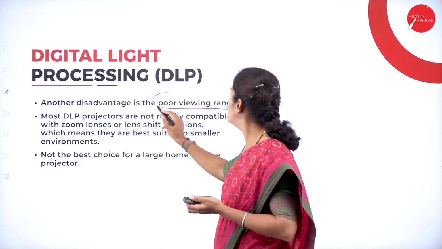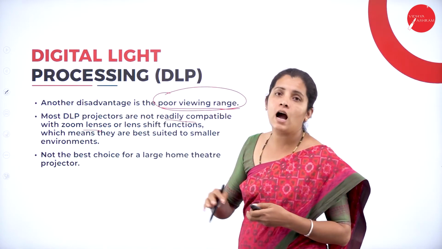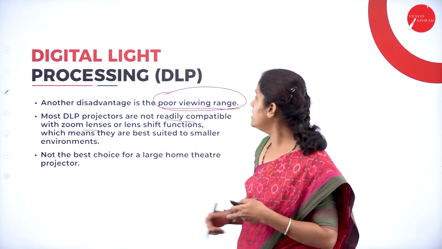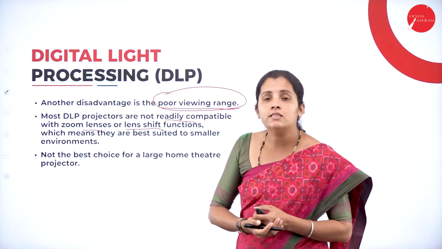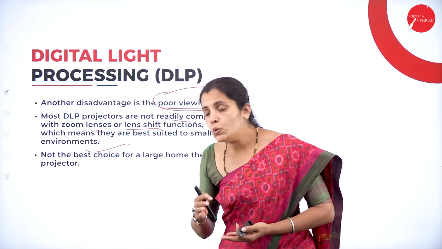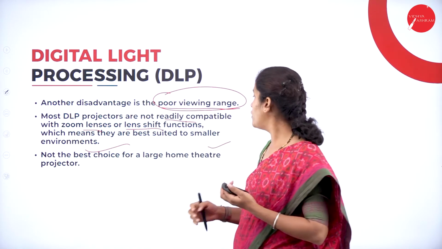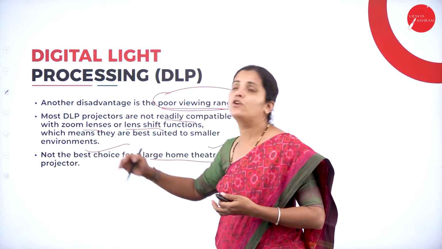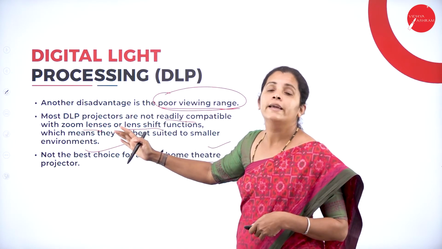DLP projectors are also not readily compatible with zoom lens and lens shifting functions, which LCD supports. Dear students, DLP is not a suitable choice for a large home theater projector. The best choice for large home theater projectors is LCD.